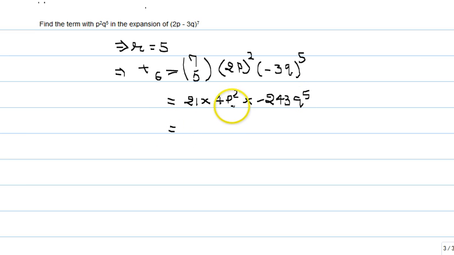Now I'll simply multiply it, and I'm going to get the answer. So it will be minus 21 times 4 times 243, p square q raised to the power 5.